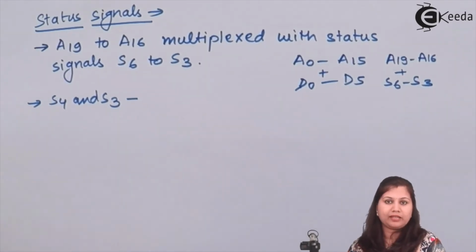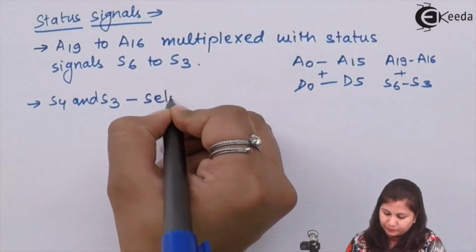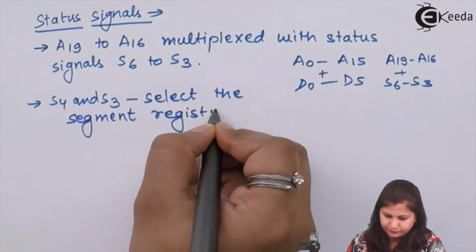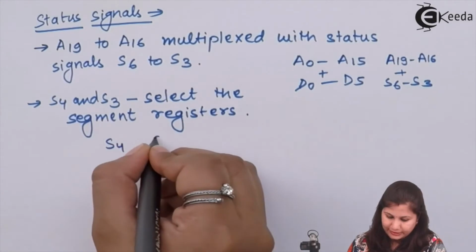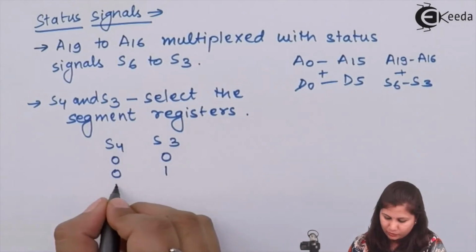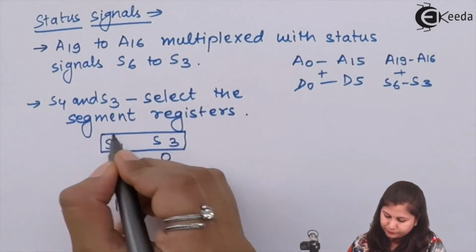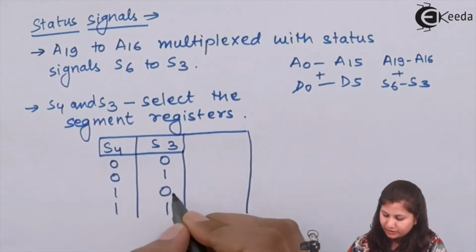So to select the segment register, so that the segment address of the memory location can be identified, these status signals are used. These two signals have different combinations. Let's see S4 and S3: it can be 0 0, 0 1, 1 0, and 1 1. So we will have different segment registers selected.